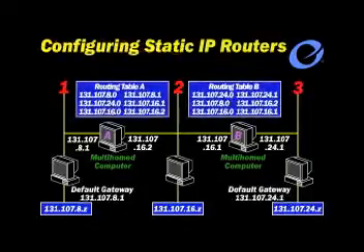To configure static IP routing, the information must be manually inserted into both multi-homed computers. Notice that in the example of routing table A, we see a mapping of 131.107.8.0, the physical subnet, mapped to an individual IP address of 8.1, which is the default gateway in our scenario.